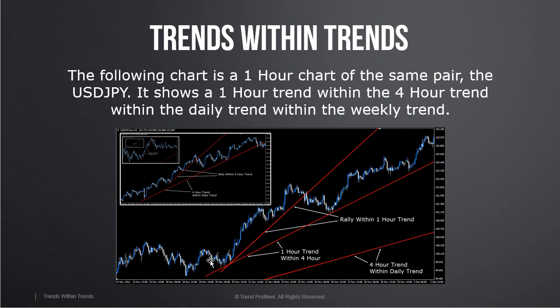You can see pivot lows higher than the previous pivot lows, forming that trend line. Within here's the 4-hour, because it's from the same chart, the 4-hour trend, which is within the daily, within the weekly. So 1 hour within the 4-hour, within the daily, within the weekly. And you can see within this 1 hour, there's a rally within the 1 hour trend.